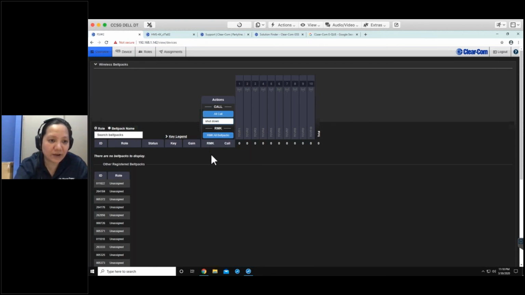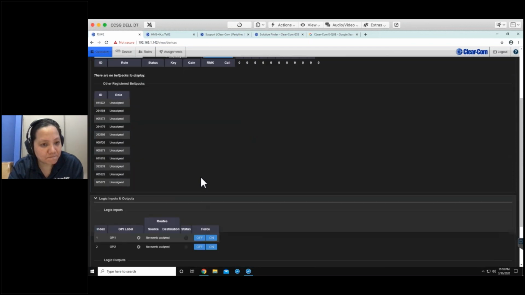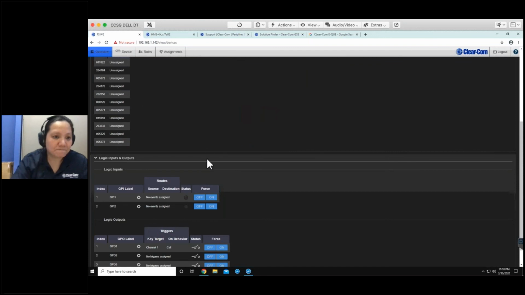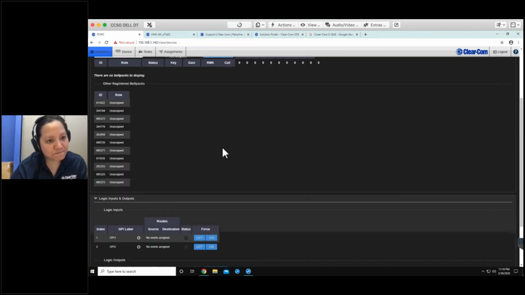RMK here, if you have a belt pack set up and active, you could RMK individual belt packs if you noted that anyone is off cans without switching off the mics, instead of killing everyone. Again, reminder, RMK stands for remote mic kill. So if somebody has their channel 1 latched and they go into the bathroom, you can unlatch them.